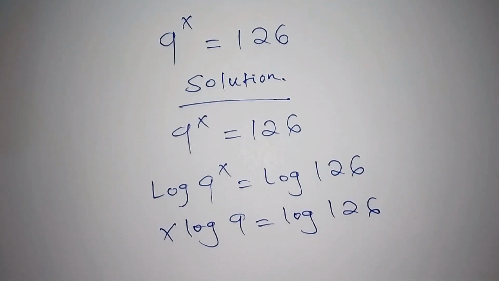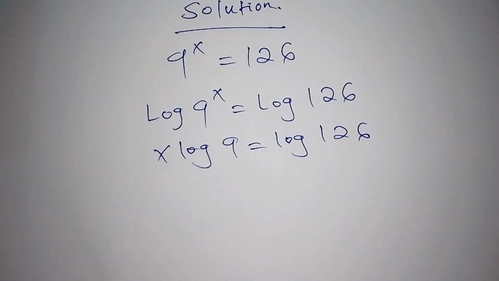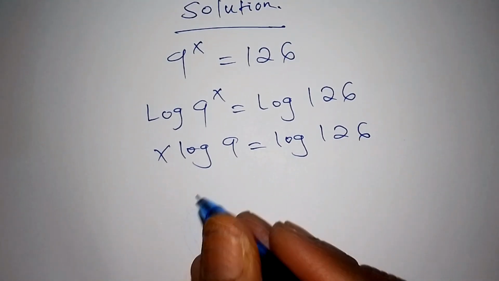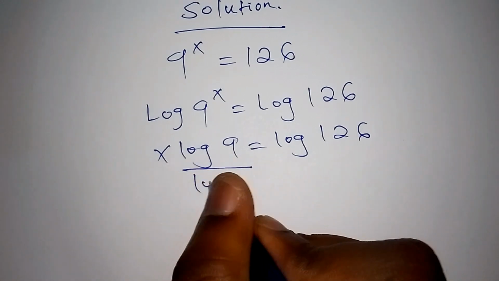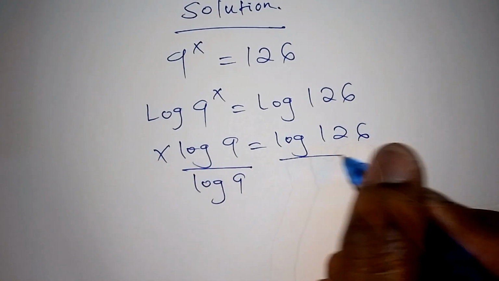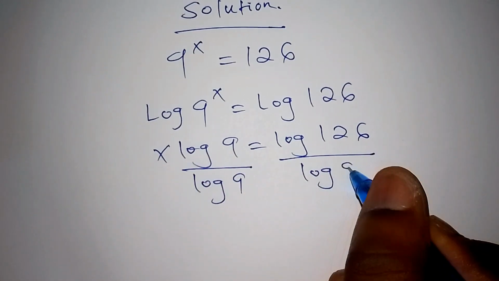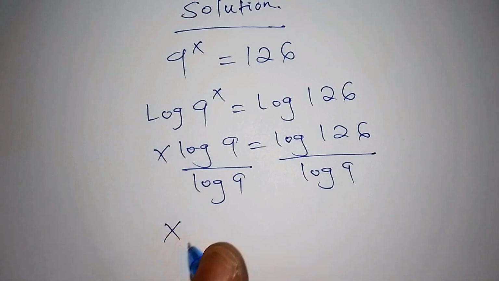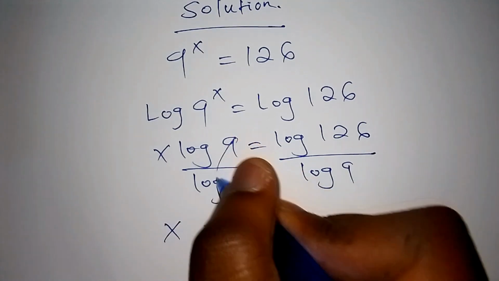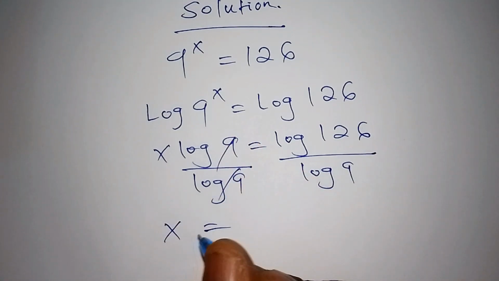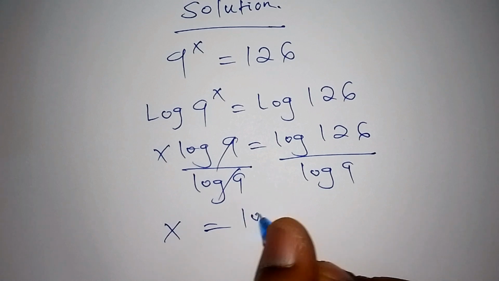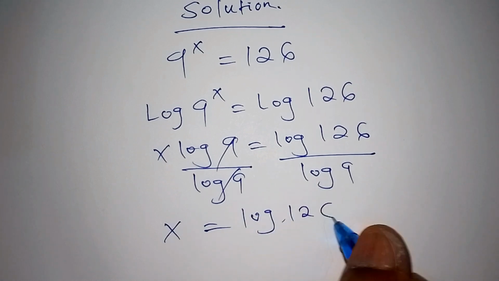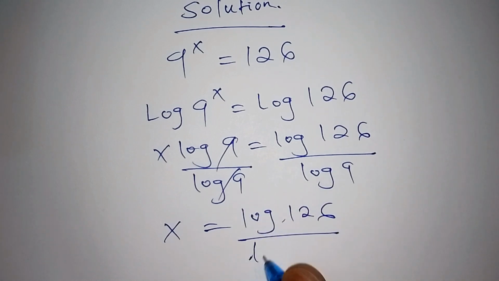We want to remain with x on this side, so we divide both sides by the log of 9. The log of 9 and the log of 9 cancel, so x is equal to the log of 126 all over the log of 9.